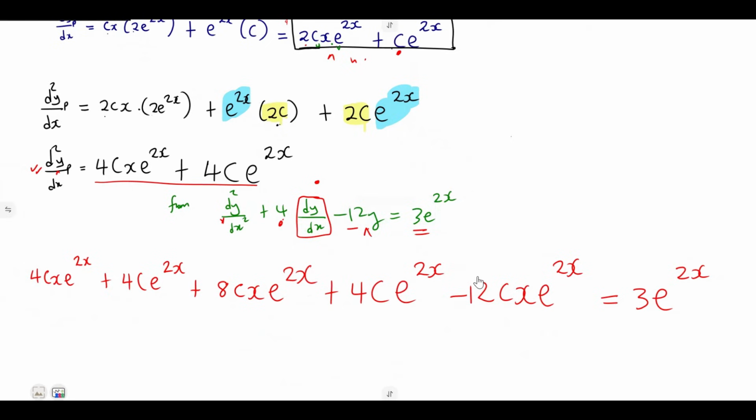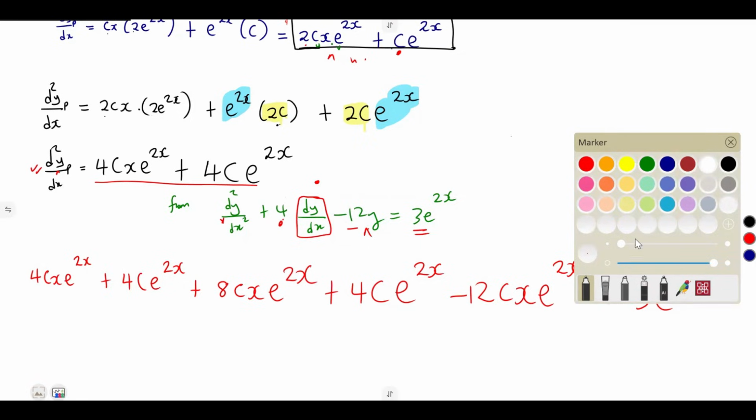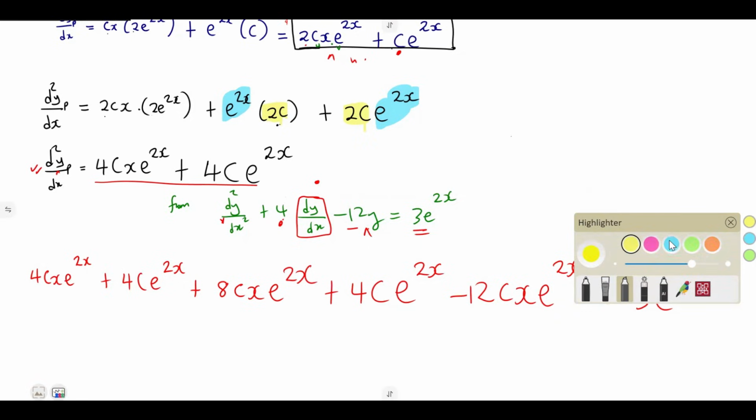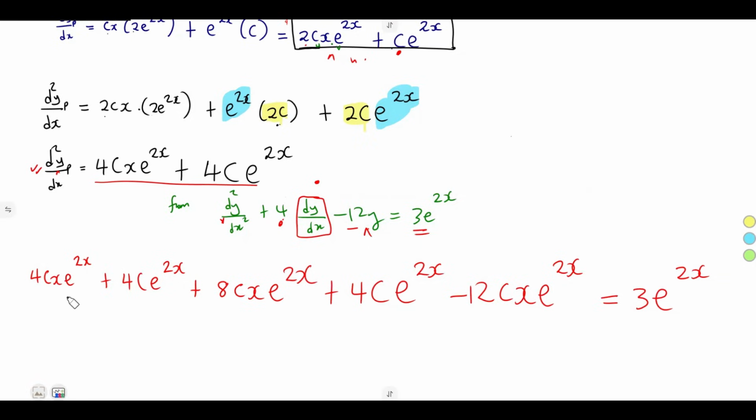With this, we can solve for the value of c. By equating the left-hand side and right-hand side of our equation, on the right-hand side we have 3 as a constant.